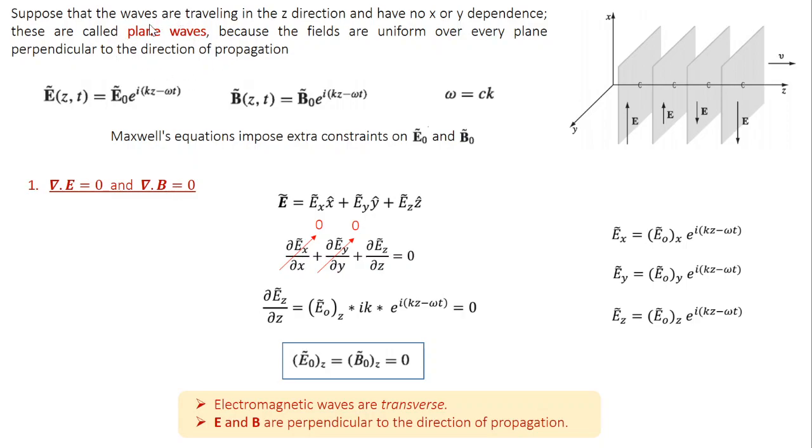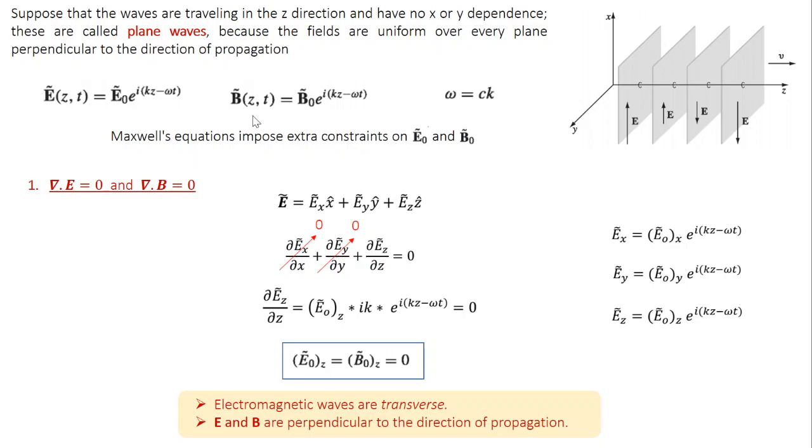The speciality of the electromagnetic wave is that the fields are uniform across the XY plane. In other words, the fields do not change as a function of X or Y. The only variation happens as a function of Z. So borrowing the complex notation into the electromagnetic waves, you can write E complex Z equal to E naught complex e to the power i kz minus omega t, where E naught complex is the complex amplitude of the electric field.